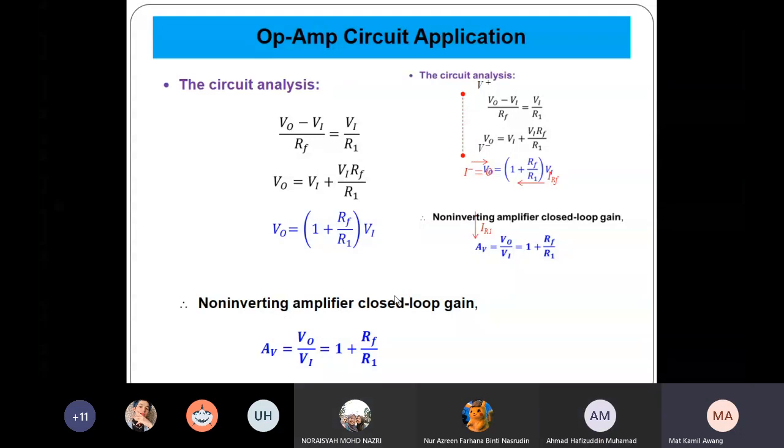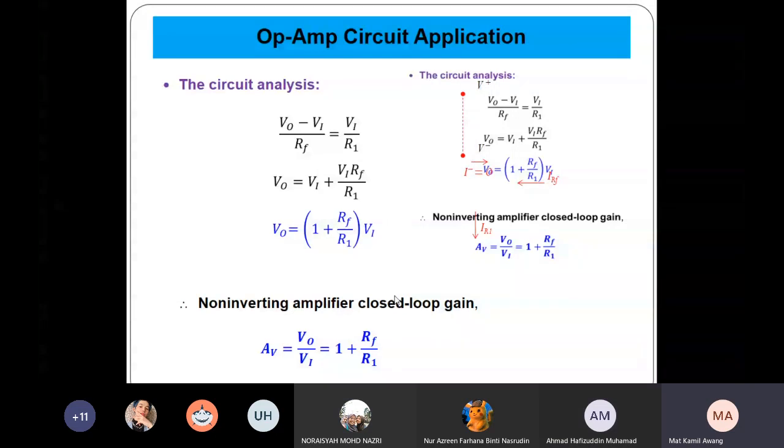So what is the combination of RF over R1 to give you 99? 99 over 1. So RF is equal to 99 kilo ohms and R1 is 1 kilo ohm. Okay. So that is the value of RF and R1 to give you the gain of 100.